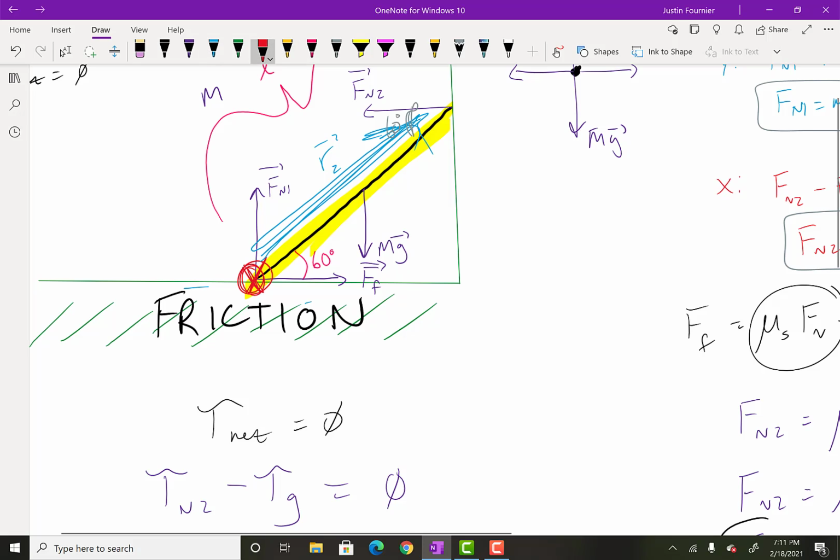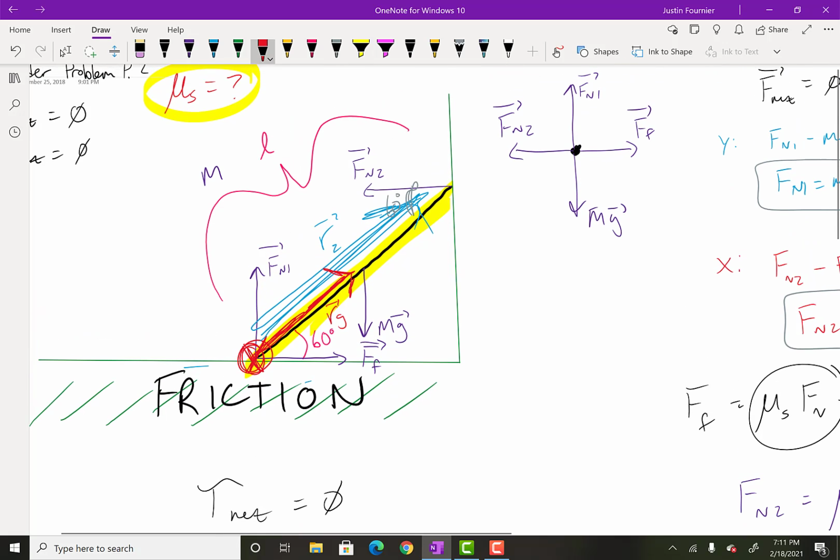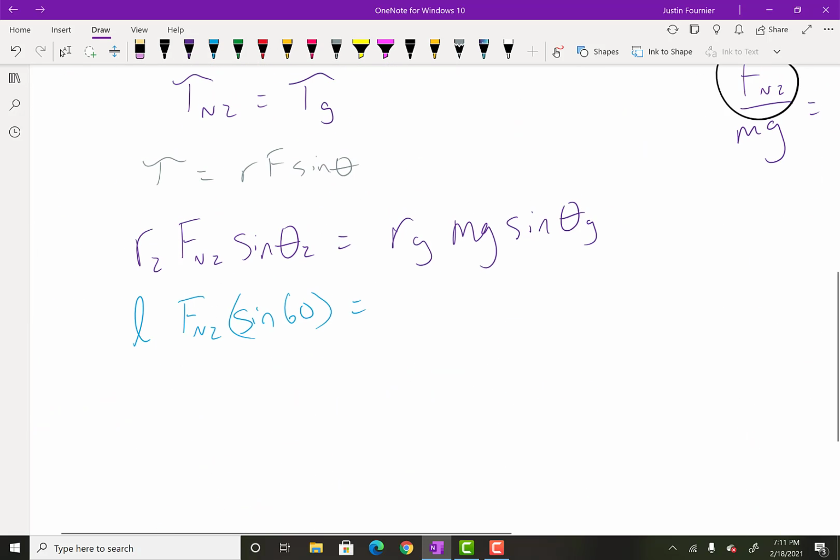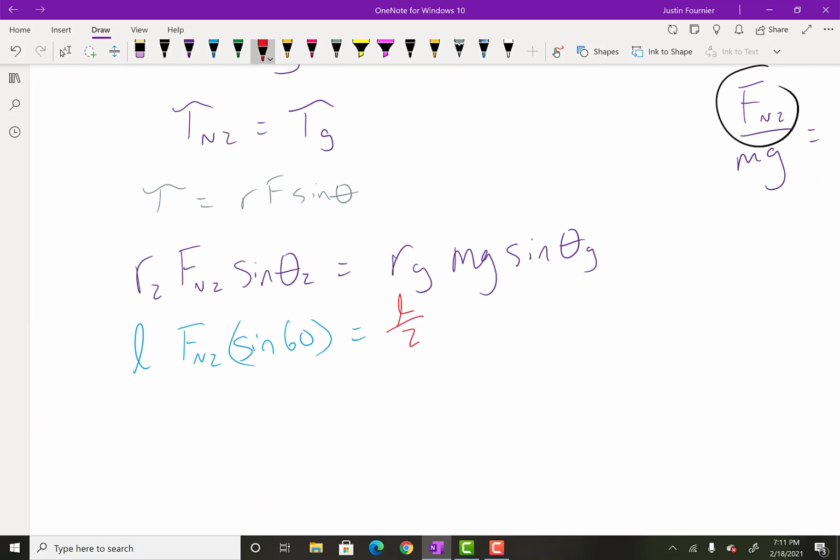equals Rg. So Rg, let's do this in a slightly different color. We'll do it like this in red. So we got that. And there's Rg. Like that, and you can basically see, well, it's acting at the center of mass, and that's half the distance L. So Rg is just going to be L over 2.